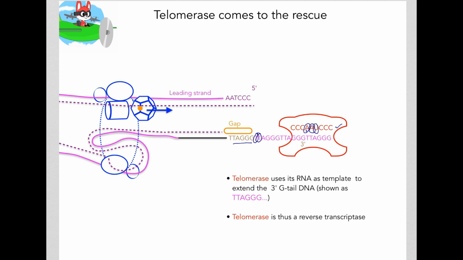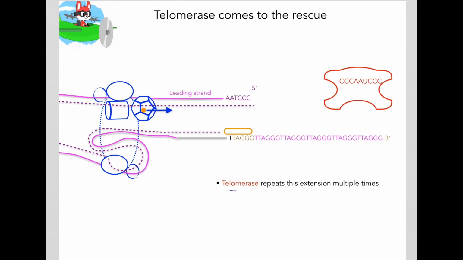This U here has been copied into an A. The CCC has been copied into GGG. So since telomerase is making DNA from RNA, it is a reverse transcriptase enzyme. Okay, reverse transcriptase. That means it's making DNA using RNA as a template.